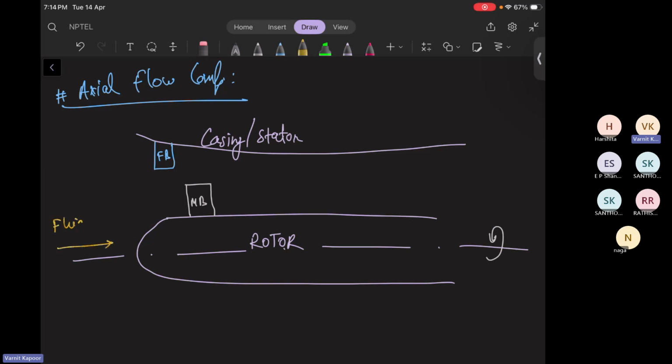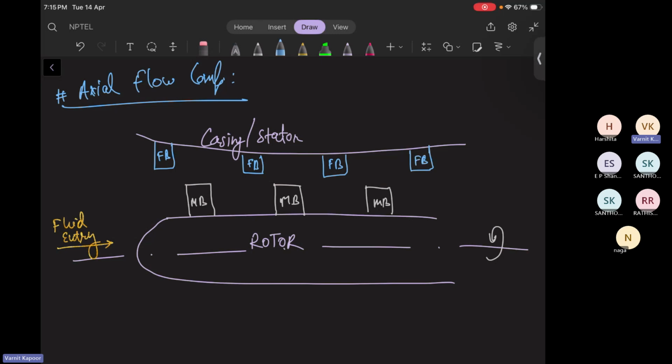Fluid entry. So a fixed blade and a moving blade is one stage. Another fixed blade, moving blade. So there are multiple stages. Then again a fixed blade, then again a moving blade, then again a fixed blade, and so on.